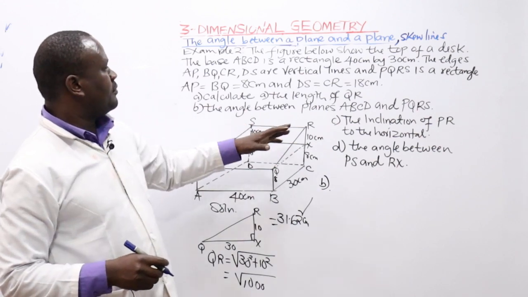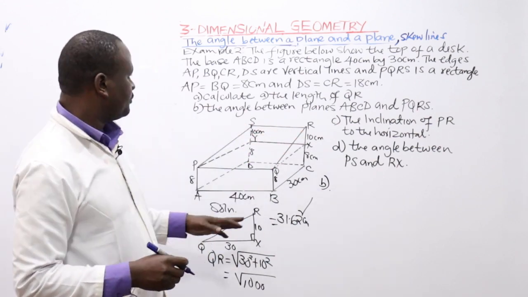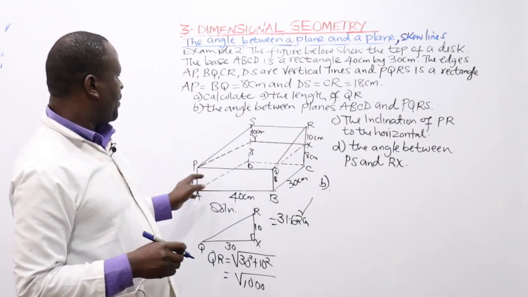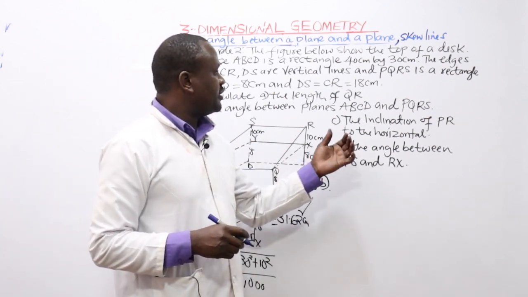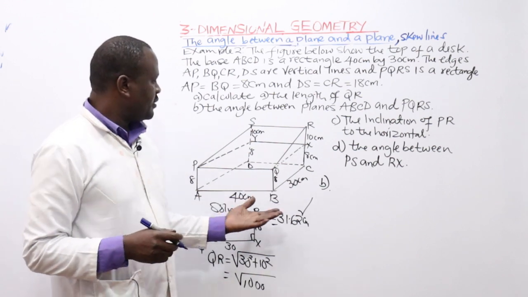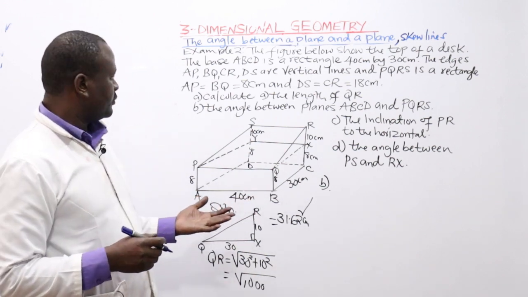Calculate the angle between planes ABCD and PQRS. You can see they are not attached.